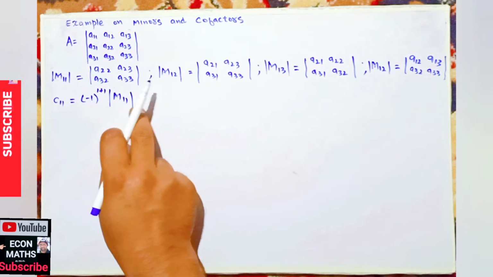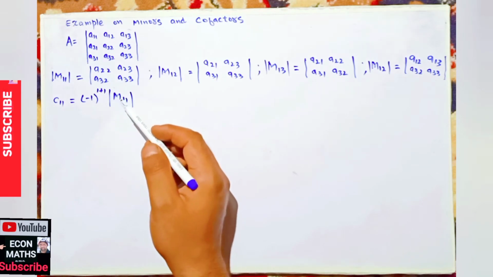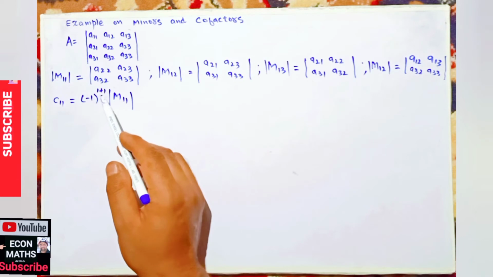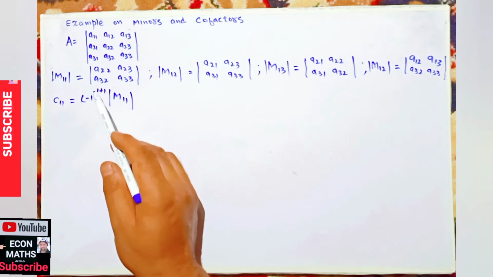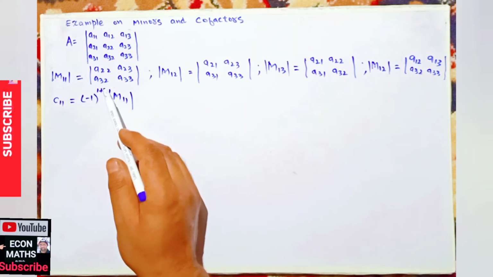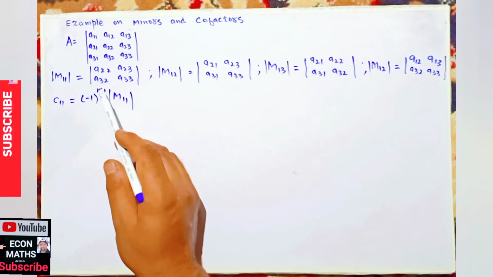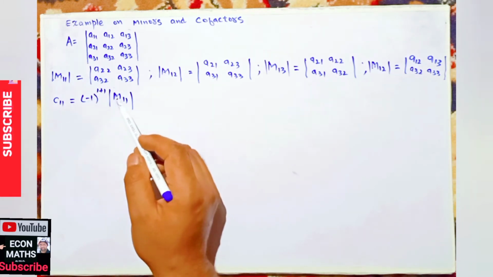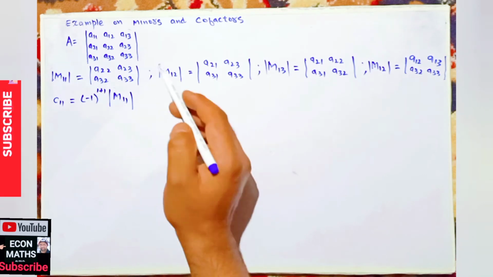So giving a minor a proper sign forms the cofactor. Here, -1 raised to the power 1 plus 1 is 2, so -1 raised to the power 2 is +1. So the first cofactor has the same sign as that of the first minor.